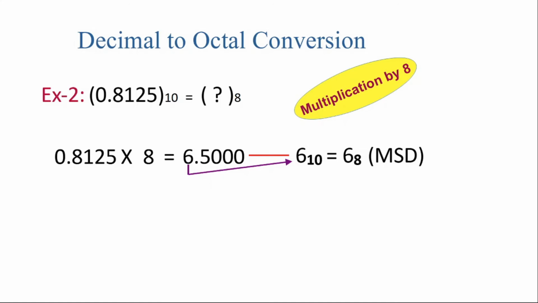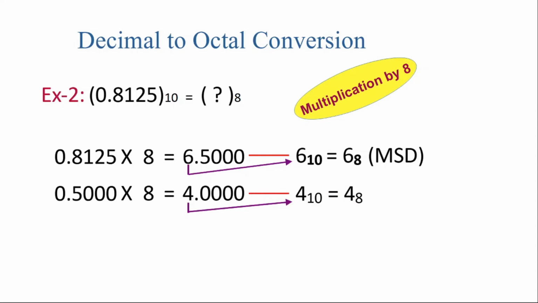Next we have to multiply the fractional part 0.5000 by 8. In this case the result will be 4.0000. Here the 4 is to be taken out as it is an integer.